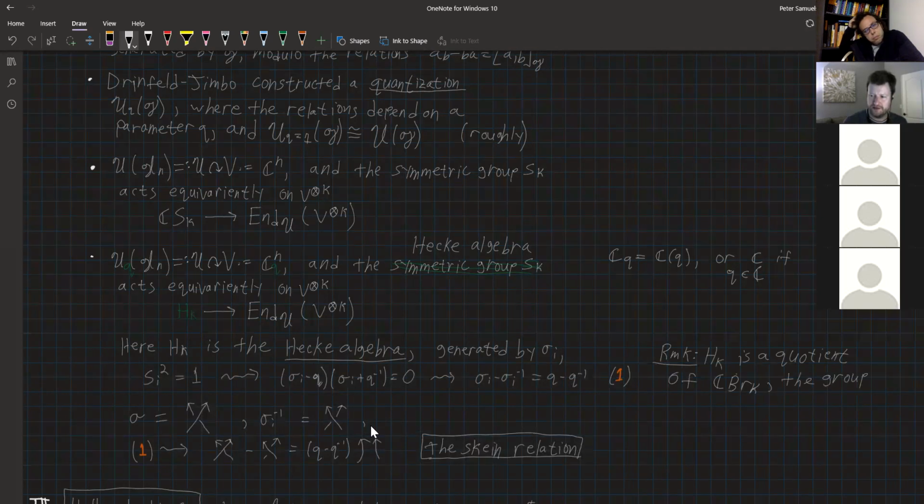So the point is, if I think in this way, then I can draw pictures of this quadratic relation that the generators satisfy, and it looks like the skein relation.